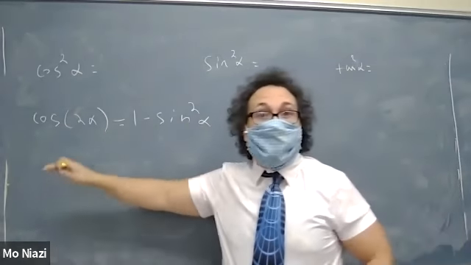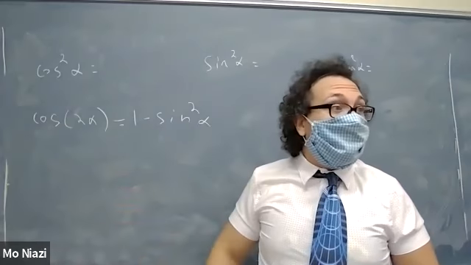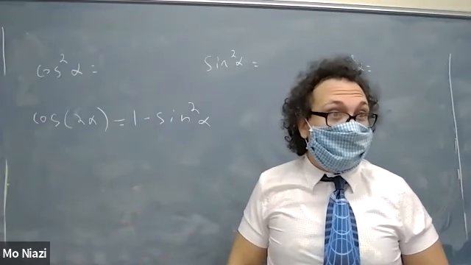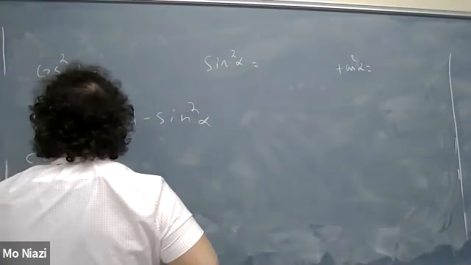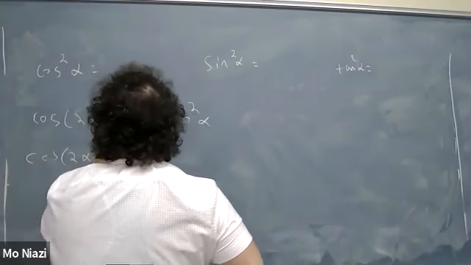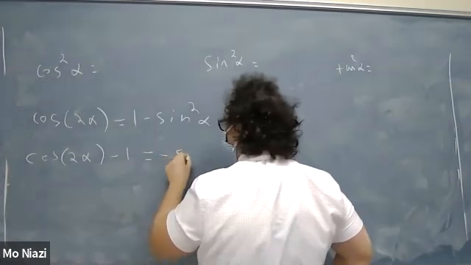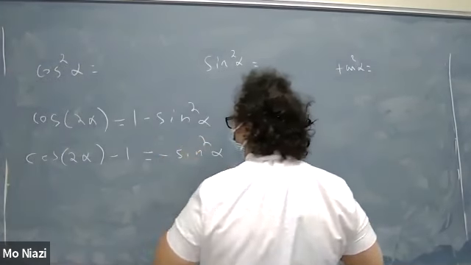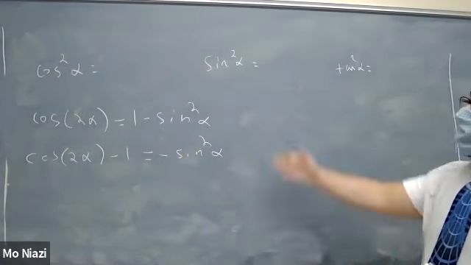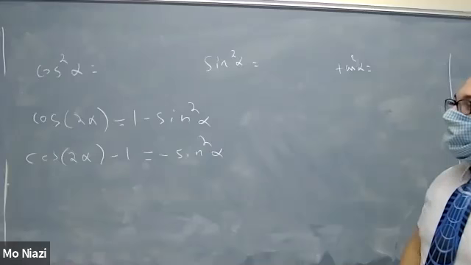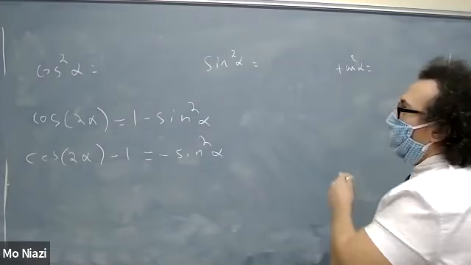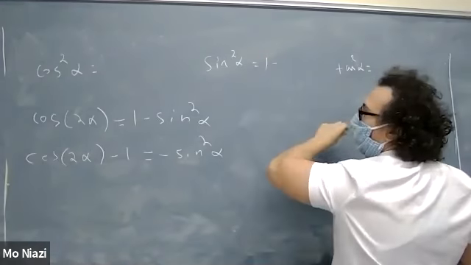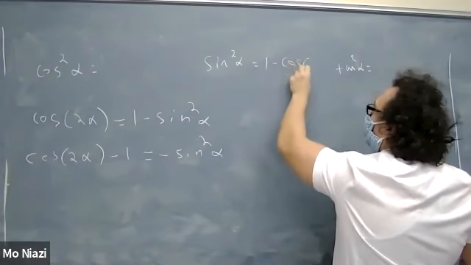It used to be the cosine of 2 alpha identity, but now we can call it a sine squared alpha identity by solving for sine squared. So this becomes cosine 2 alpha minus 1. And then if I want to know what sine squared alpha is, I multiply or divide both sides by -1, and I get that this is equal to 1 minus cosine of 2 alpha.